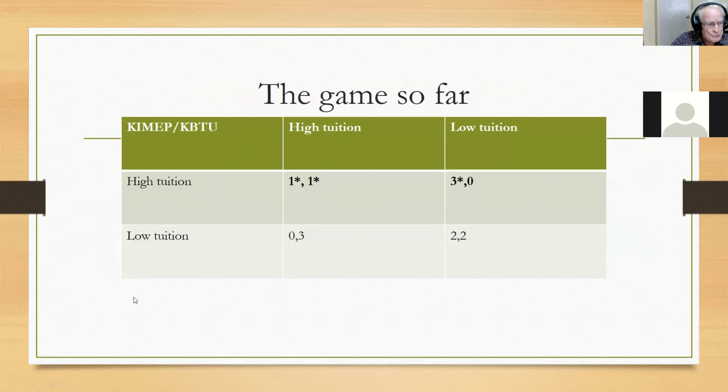So, for example, if CNET charges high tuition, KTTU will do better to charge high rather than low tuition. 1 is better than 0. So put an asterisk by KTTU's response of high tuition. And already you can see that we have a solution to the game.